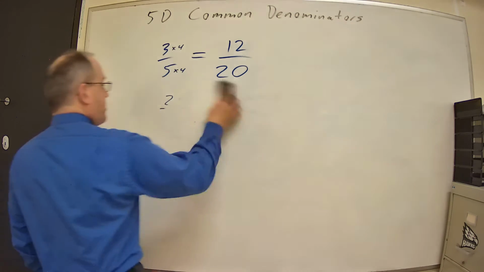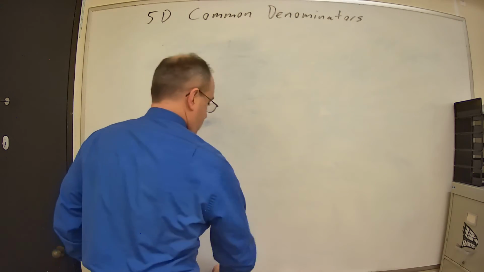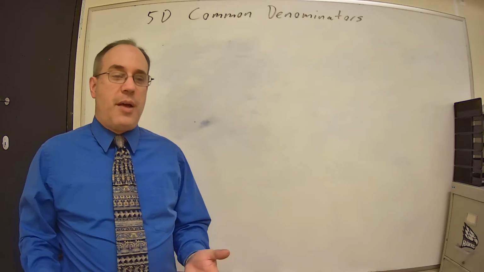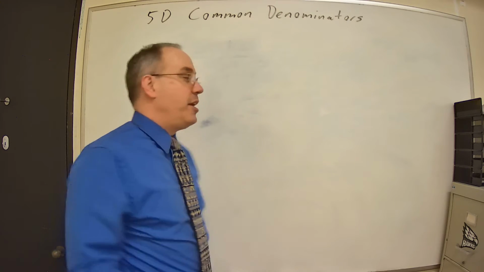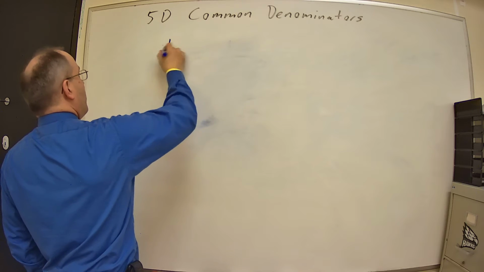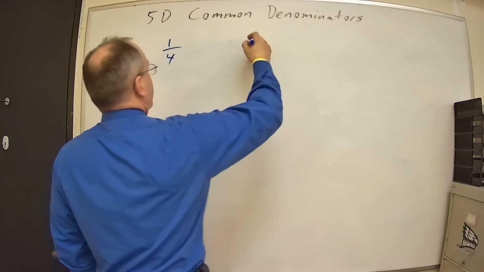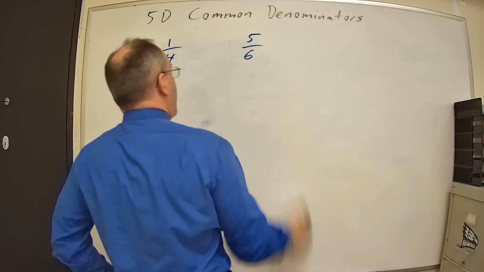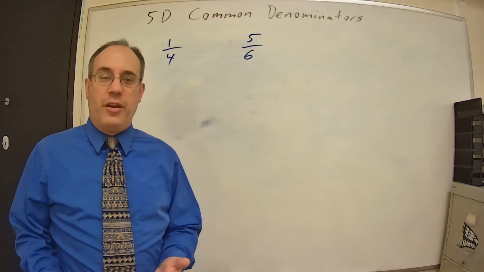Of course, the next step in this is, how do we write two fractions with different denominators such that they have a common denominator? What if I have 1/4 and 5/6, and I want to get them so they have a common denominator?